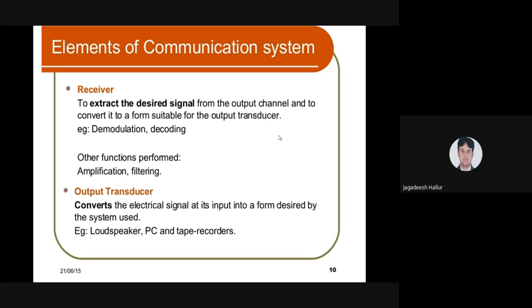If you want to connect that signal to your loudspeaker, personal computers (PC), tape recorders, laptops, or mobile phones, anything that is connected to the output transducer so that you can hear that particular voice, that is your output transducer.